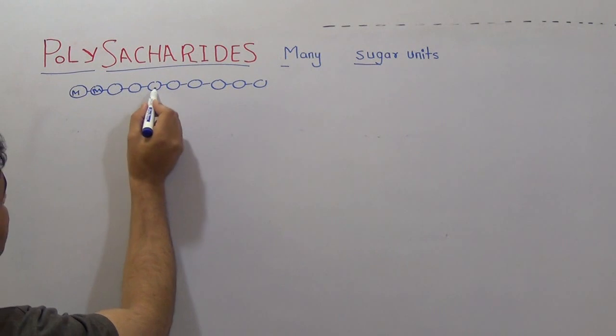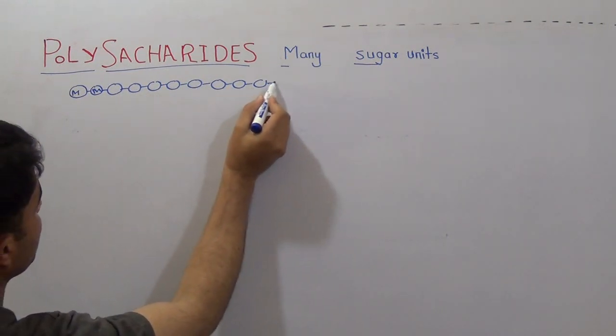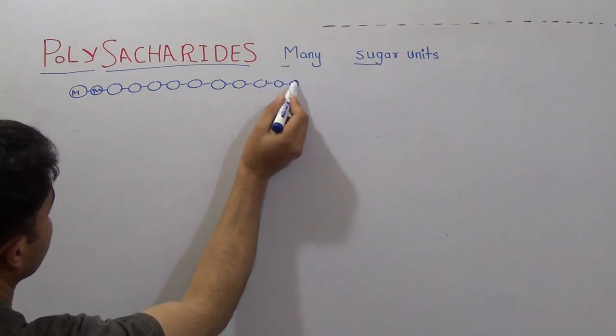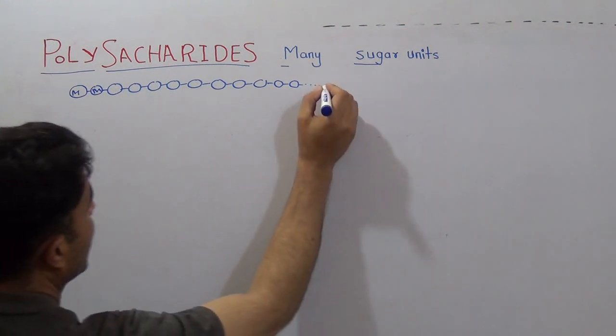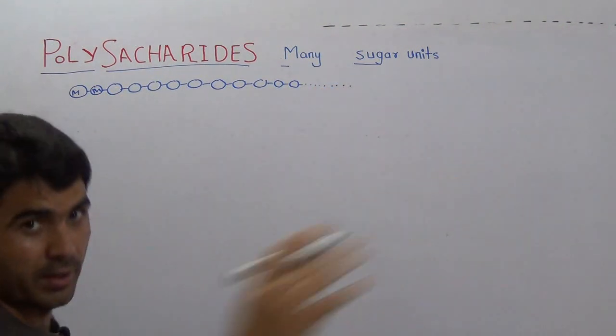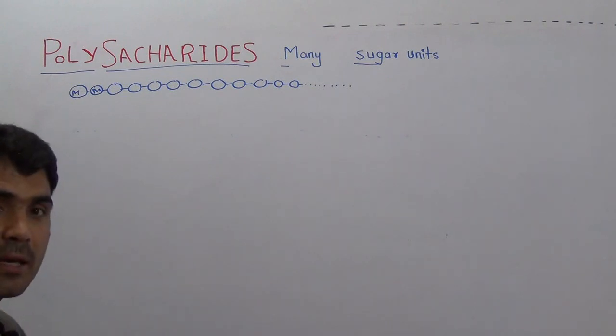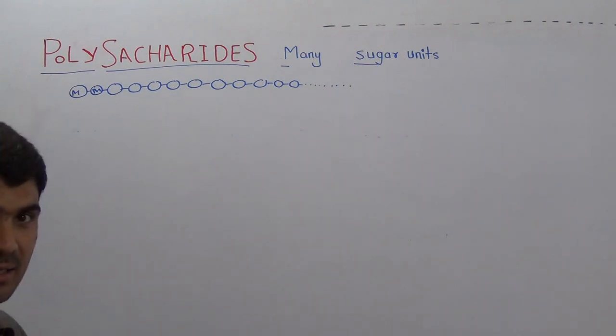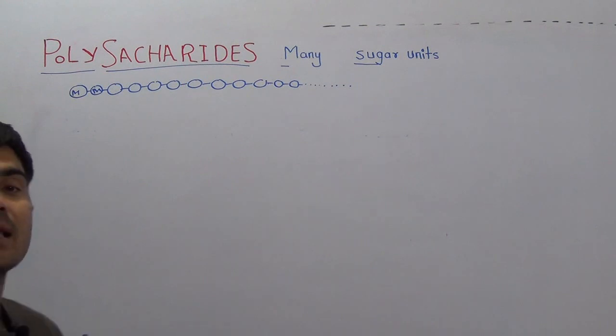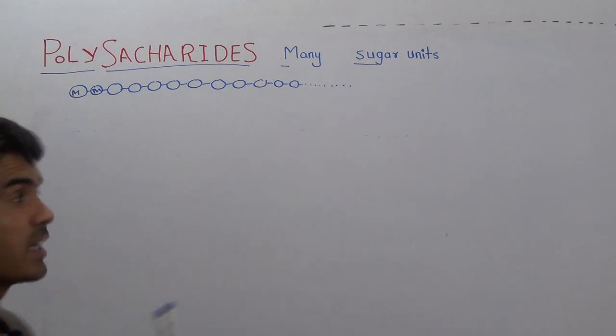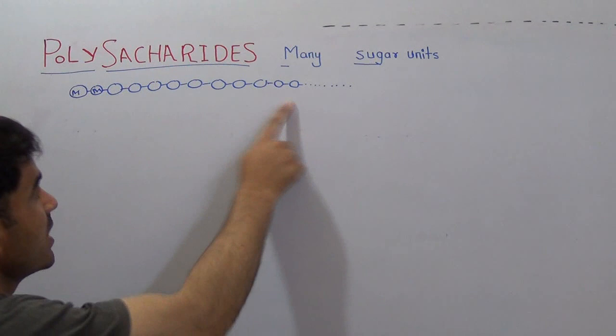1, 2, 3, 4, 5, 6, 7, 8, 9, 10, 11, 12, and so on. I'm going to write dot, dot, dot, and so on. Means in polysaccharides, there will be more than 10, actually in hundreds to thousands, units.